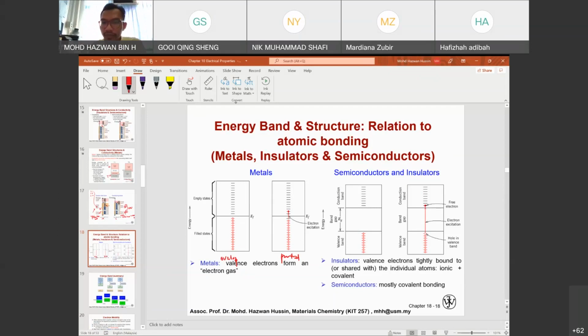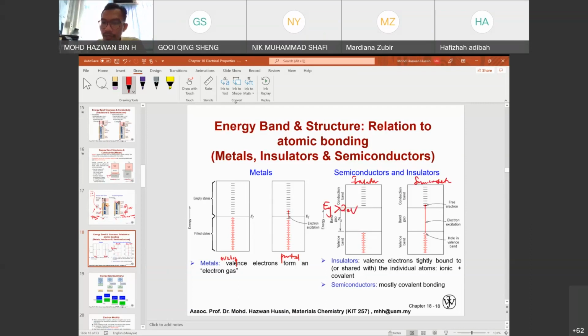For insulators, the energy gap, EG, is greater than 2 eV.